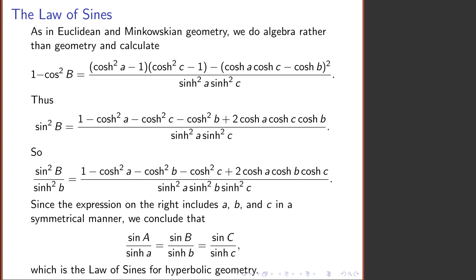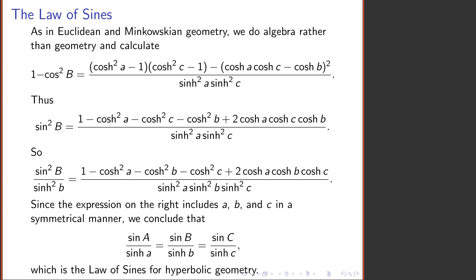After I construct sine squared b, I discover that there's something involving b missing from the denominator. I divide by that, and yet again, I get a formula that involves a, b, and c symmetrically in both the numerator and the denominator, and therefore I conclude I would have got the same formula had I used a or c instead of b, and I've got the law of sines for hyperbolic geometry.